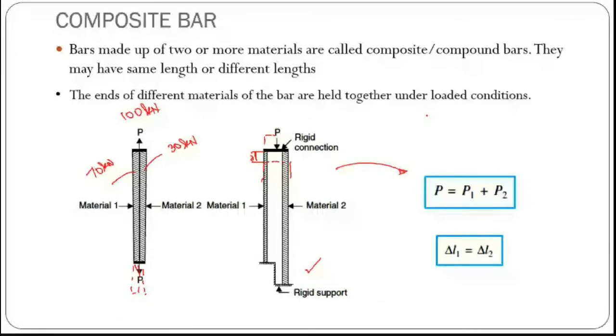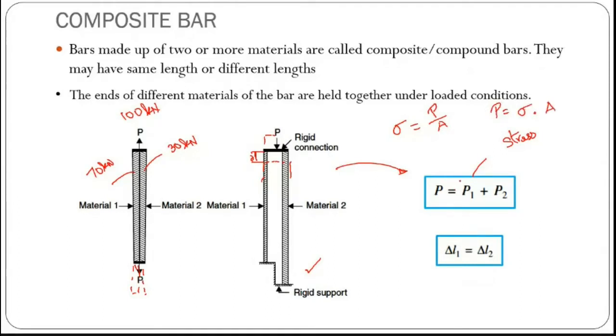Now let me consider this in terms of stress. I'm going to change this in terms of stress. P is common, P is the input force. This P I have to change into stress. What is the formula for stress? You know that stress is equal to force by area, which in turn I can write as force is equal to stress into area.